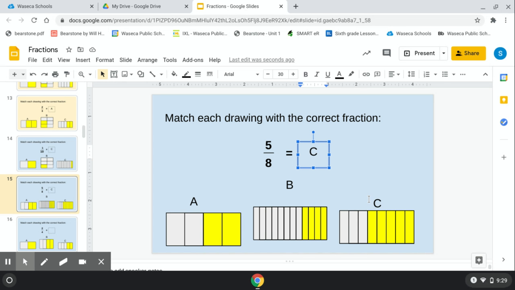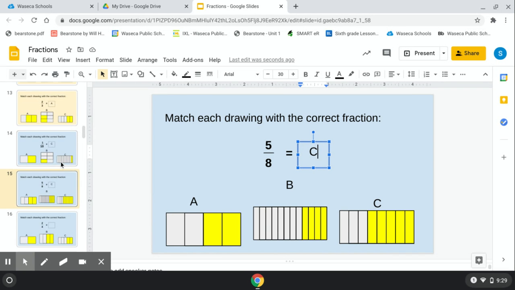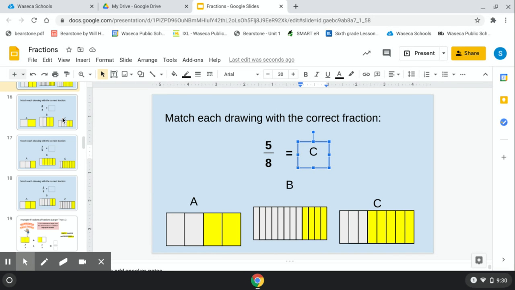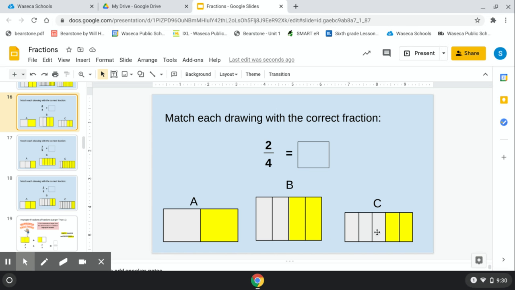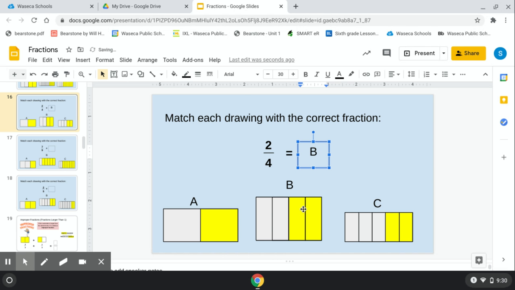So 5/8 of C is shaded yellow. Which one of these drawings represents 2/4? B would represent 2/4 because 2 of the 4 equal parts are shaded yellow.